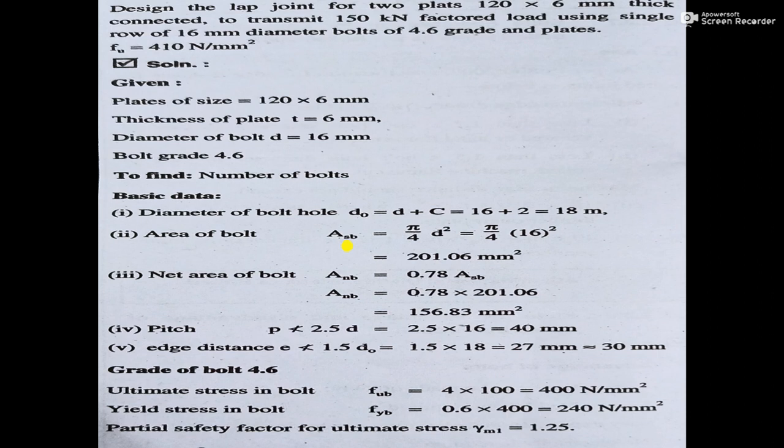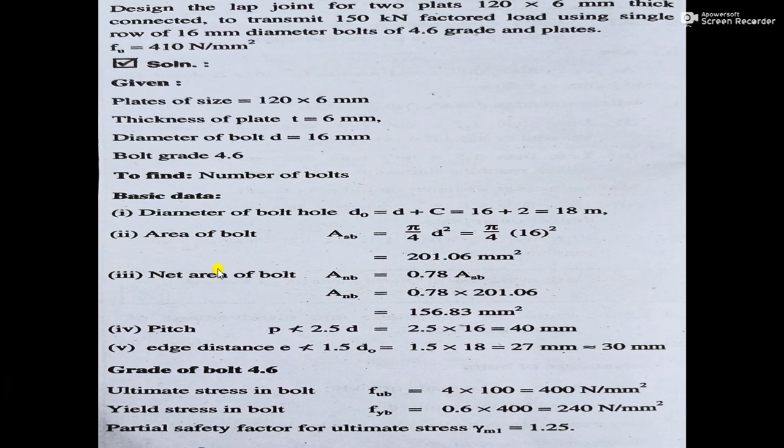That is, we have to take only 0.78 into ASB. That is ANB, net area of bolt, is 0.78 into 201.06, that is 156.83 mm square. This is the ANB.